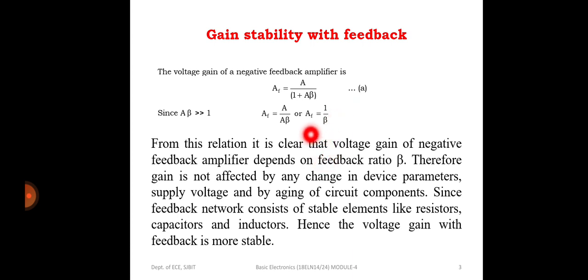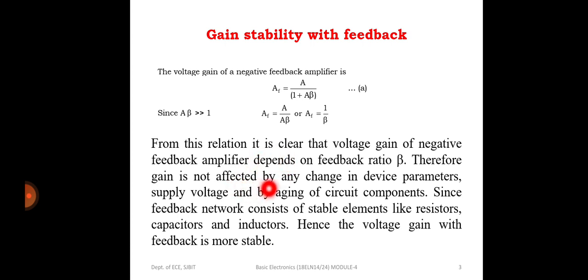Even if we change any of the parameters, whether in terms of supply voltage or aging of the circuit components, the gain of the feedback amplifier is not going to change. So this will not have any effect on the gain of the feedback amplifier.